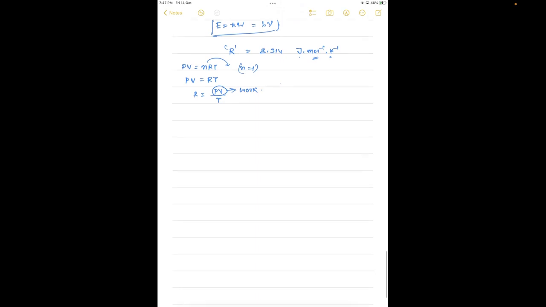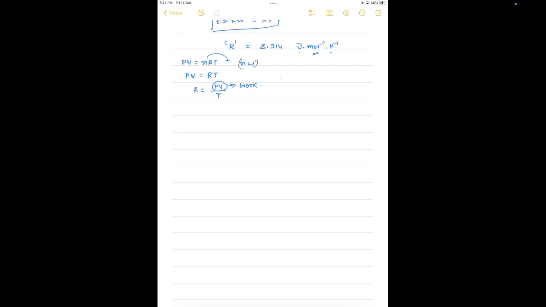Now there are many units of R also, like the ATM unit, which is actually 2 point something, I've forgotten the value, I think 0.082 in ATM unit.